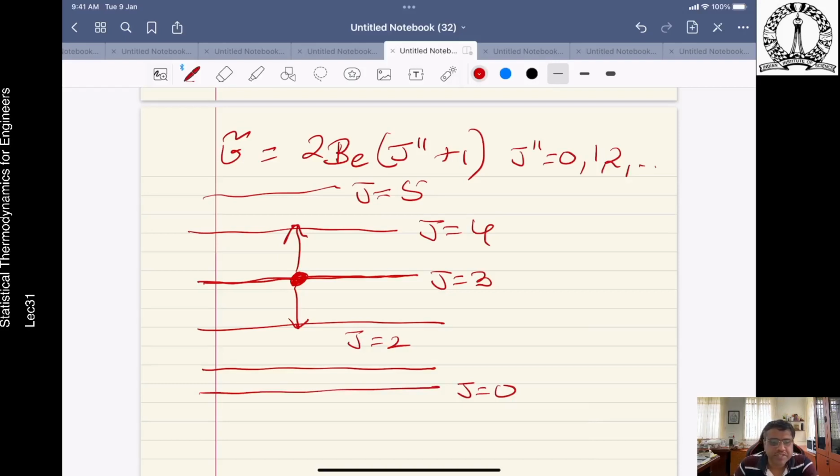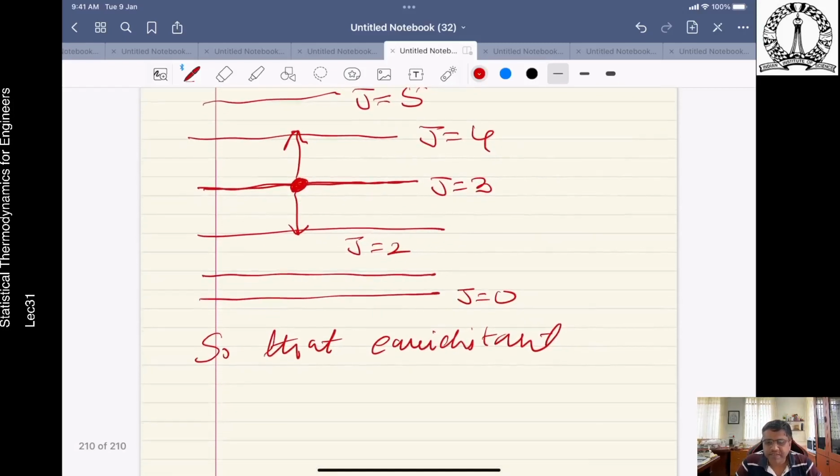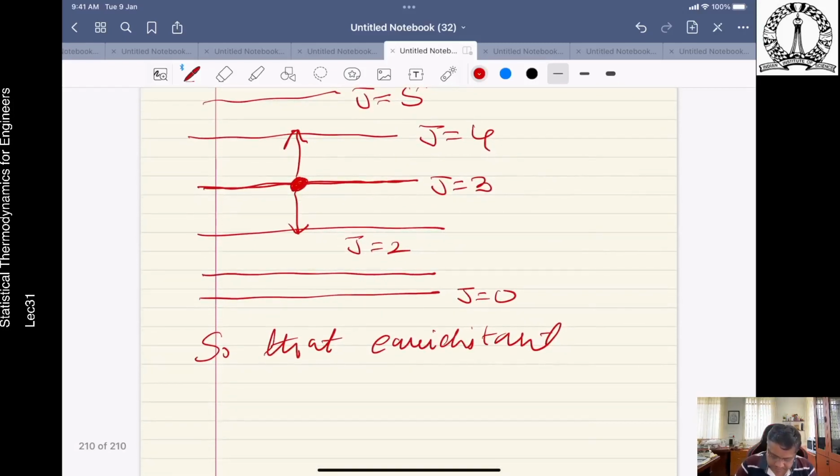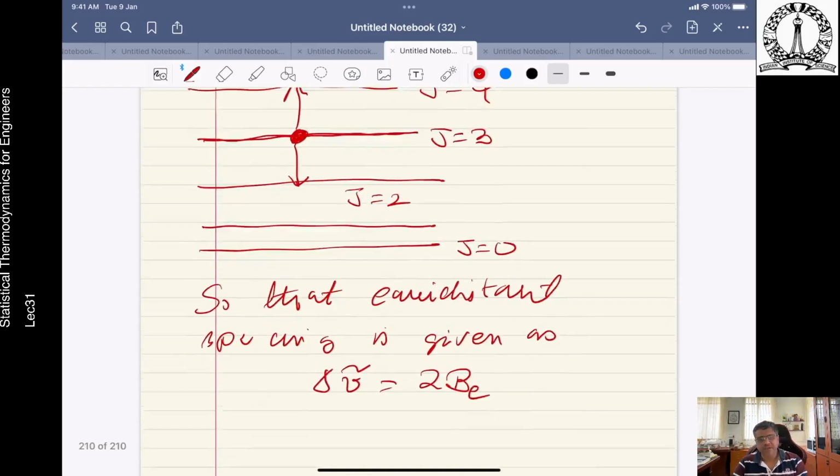So that equidistant spacing, if we look at the equidistant spacing, is given as 2BE. Okay.